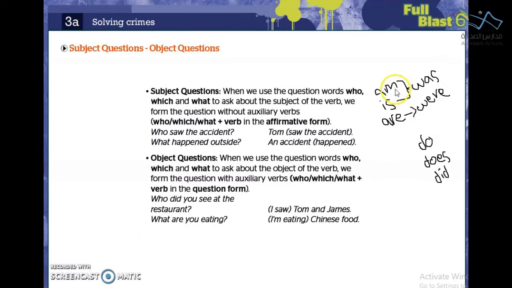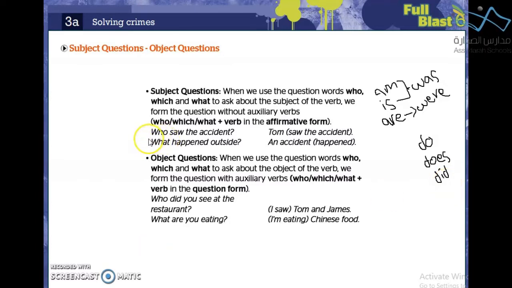And the past of am and is, as I told you before, is was, while the past of are is were. The verb do and does, I use do with the following subject pronouns: I, you, we, and they. While does, I use it with the third person singular: he, she, it. We use did with all subject pronouns that we mentioned before.